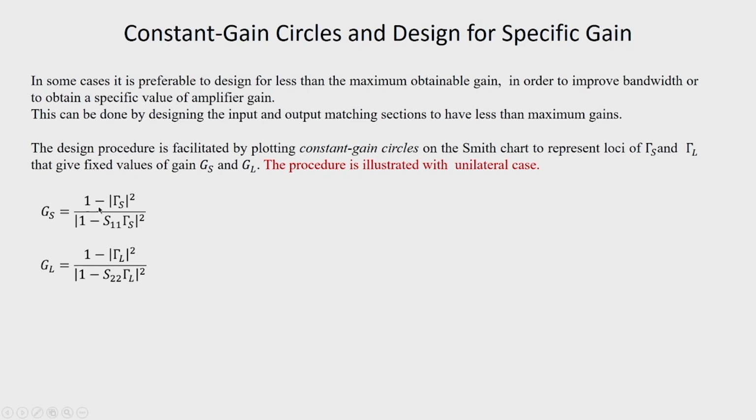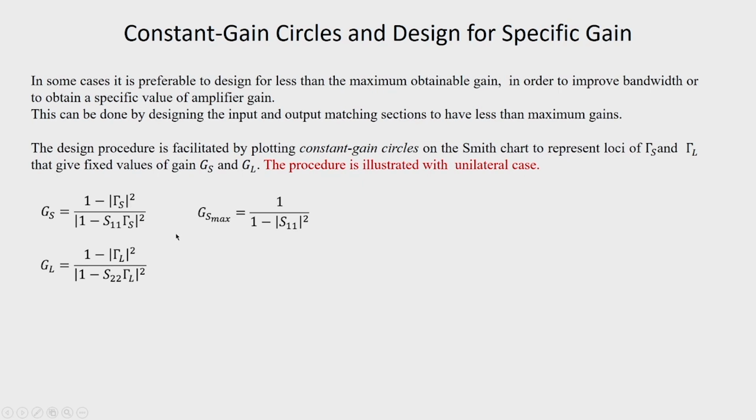Gs is equal to 1 minus mod gamma S squared divided by mod of 1 minus S11 gamma S, whole squared. Similarly, GL is 1 minus mod gamma L squared divided by mod of 1 minus S22 gamma L, squared. And therefore, we can have Gs max equal to 1 by 1 minus mod S11 squared.